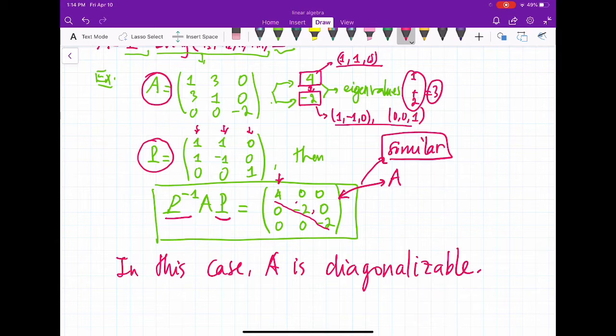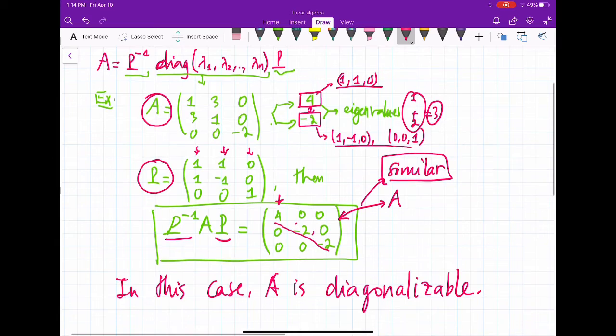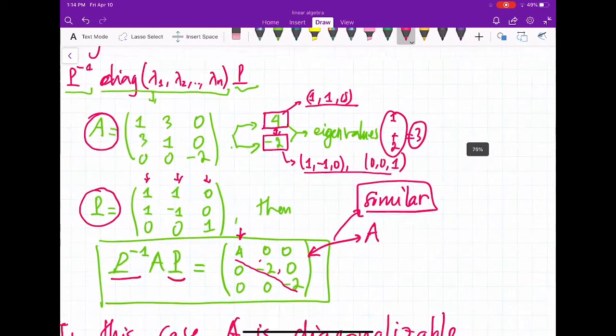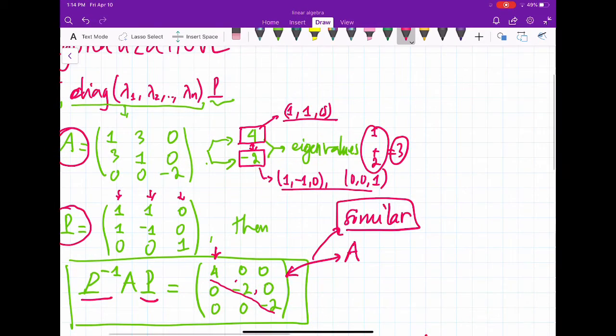From this example, we have the following observation. The matrix A is diagonalizable if it has n linearly independent eigenvectors. Look at this. We talk about the multiplicity of 4 and negative 2. The multiplicity of negative 2 is 2. That means we have 2 linearly independent vectors in that subspace.